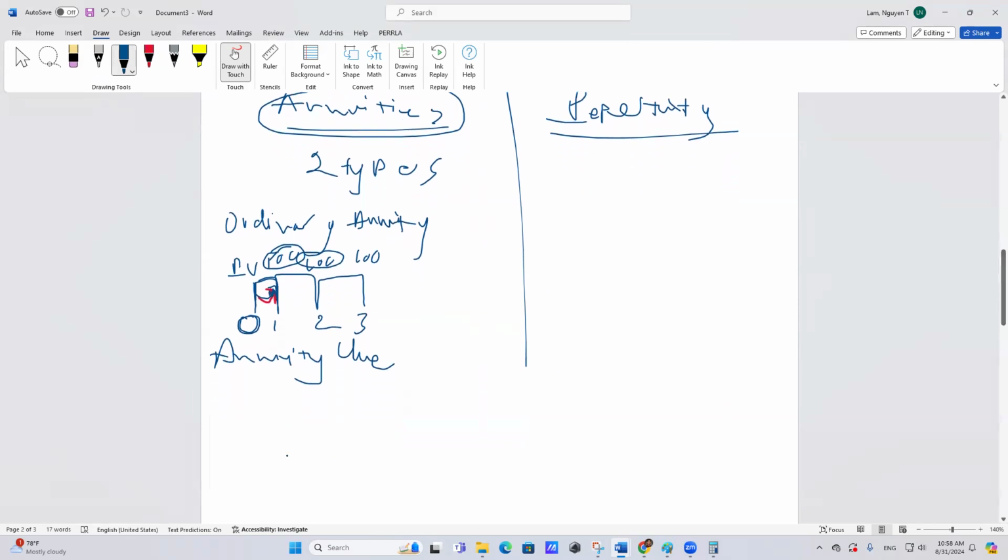So when we're talking about annuity, it means that any payment, PMT, that happens at time zero, which means today, right now.